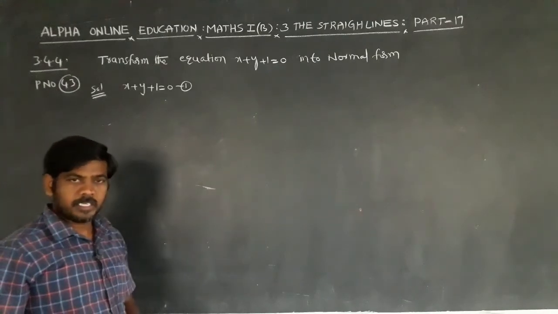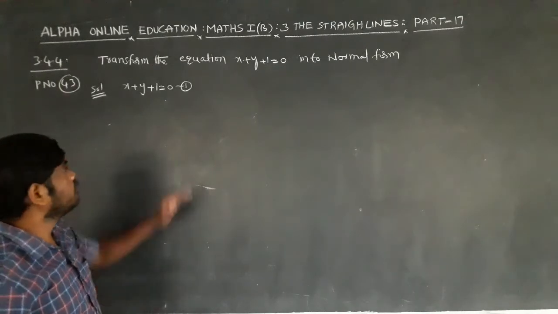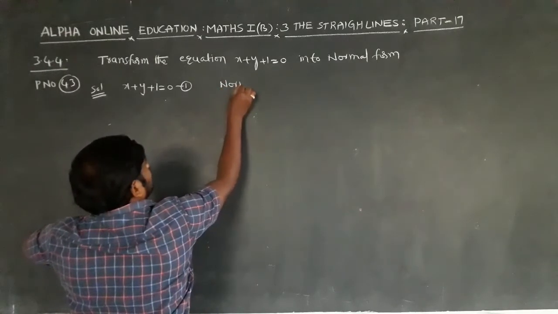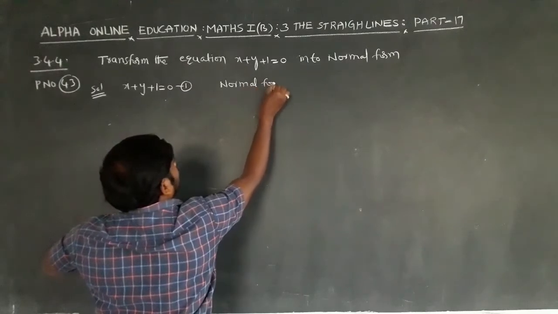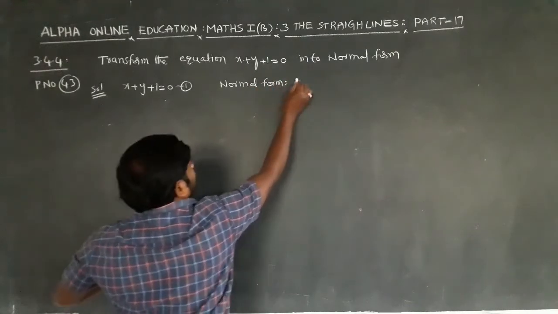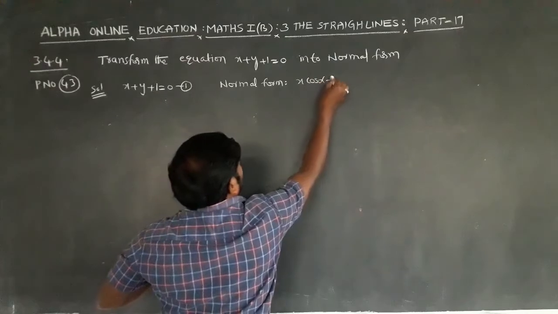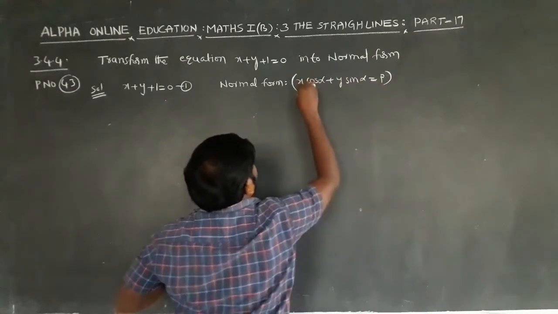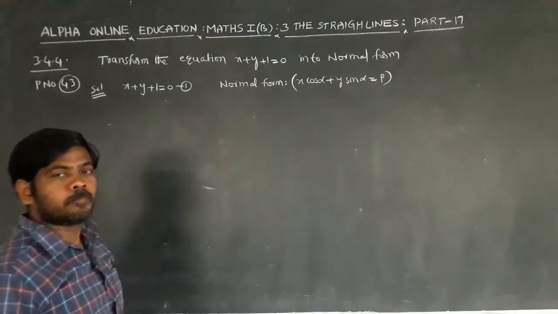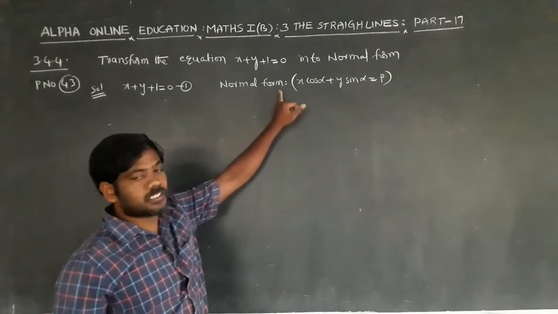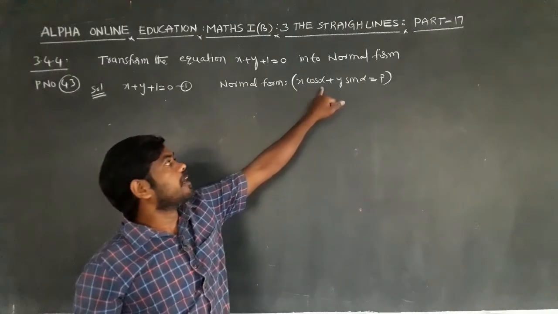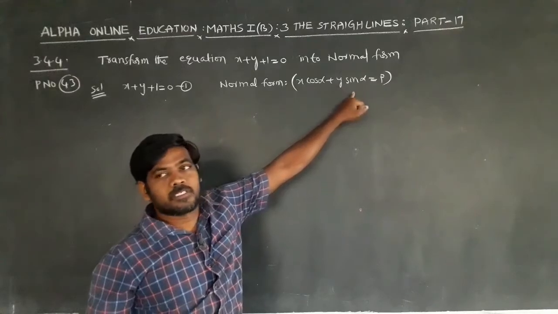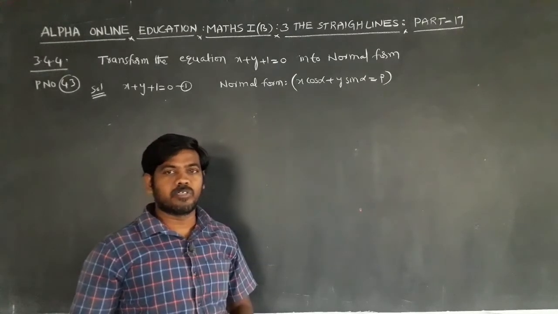The equation of the straight line in normal form is x cos alpha plus y sin alpha is equal to p.